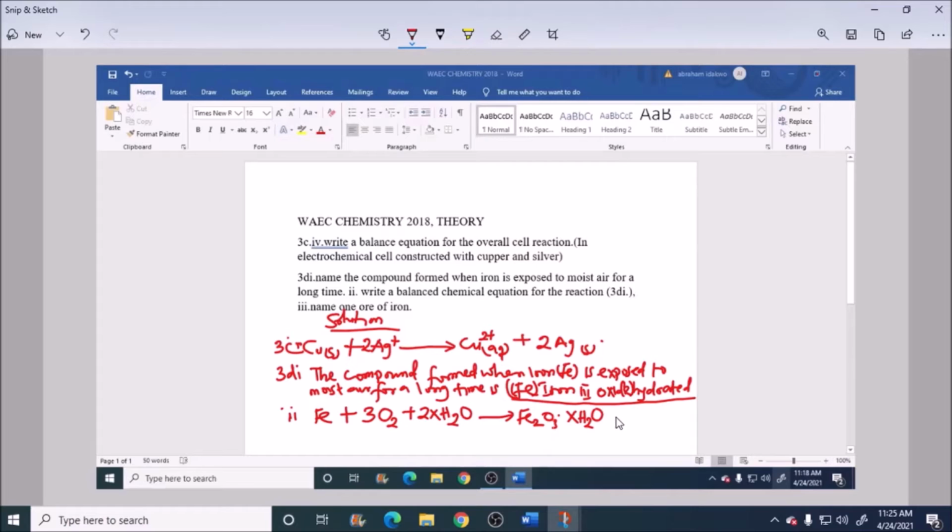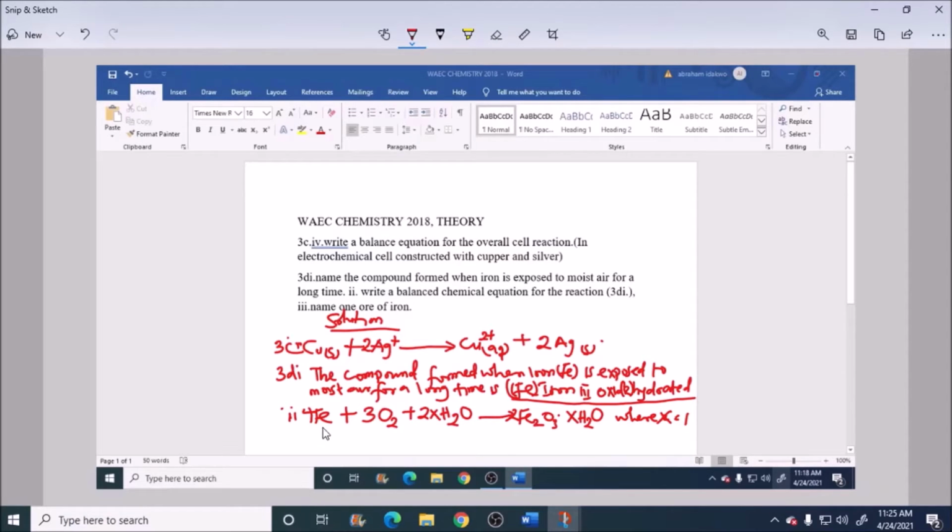Where x is equal to 1, then to balance the equation we have 4 moles of iron reacted with 3 moles of oxygen and 2 moles of water, giving 2Fe2O3, that is iron 3 oxide, dot x moles of water. Then x is equal to 1.